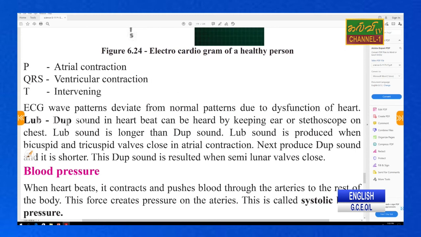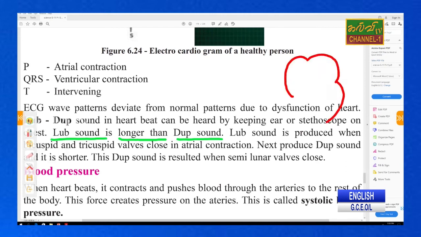Okay, here they have mentioned, sometimes an MCQ is possible. The lub sound is longer than the dub sound because you know that our heart has valves, right?